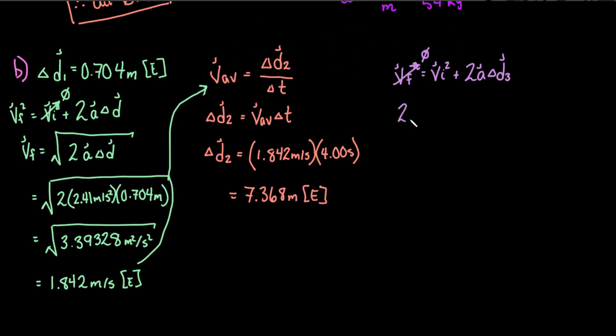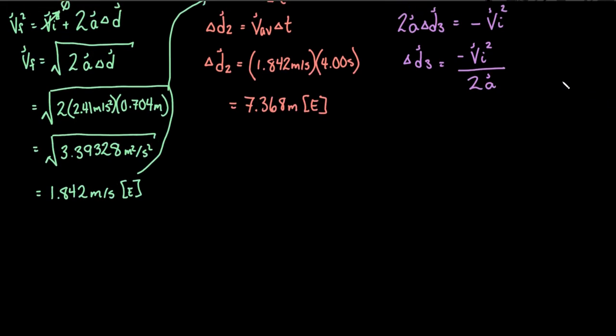Right? So we get 2 times the acceleration times that displacement we're looking for is equal to the negative of the initial velocity squared. So that displacement that we're looking for is equal to negative of the initial velocity squared divided by 2 times the acceleration.